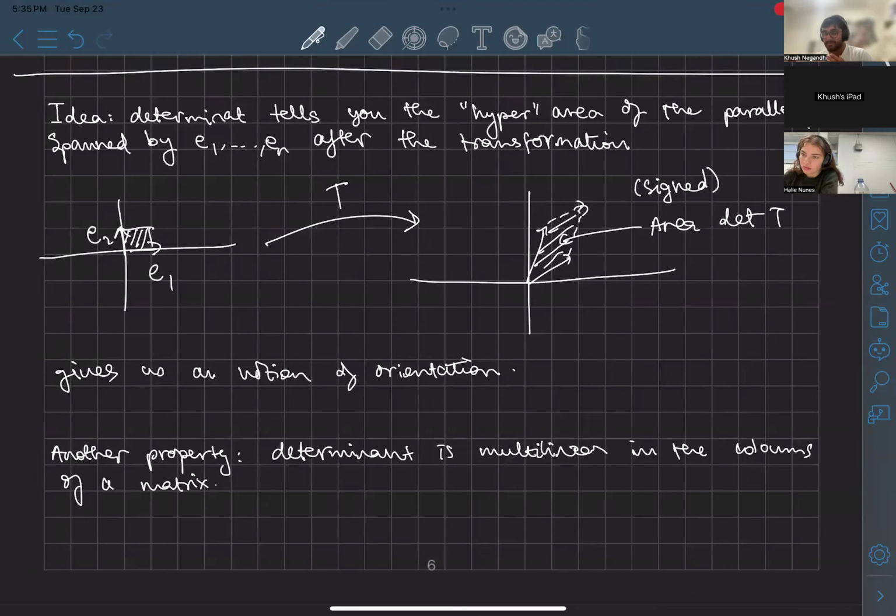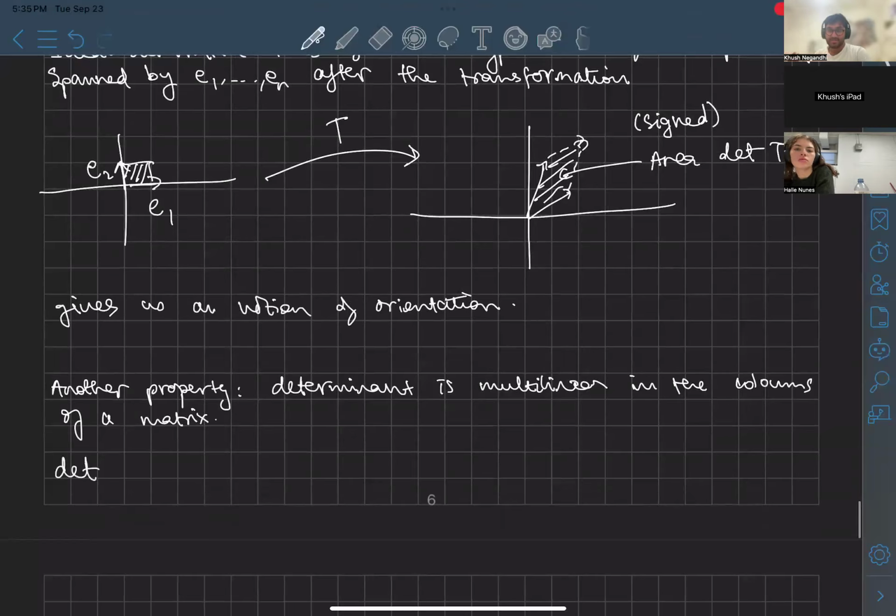Okay, so it's multilinear, and we just developed so many tools to talk about multilinear maps. So what this tells me is that the determinant function is actually a tensor.